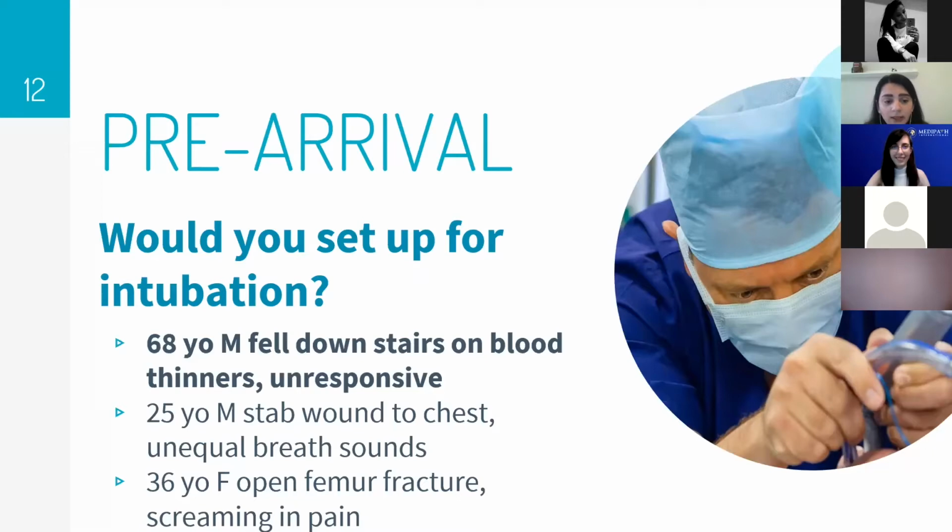And technically C, you might need that to intubate that patient too, but not immediately. A patient with an open femur fracture needs to have that fracture reduced, and sometimes we intubate just for pain control. But the point of this was really to conclude that you have the ability to determine what you need before a patient even arrives in your ER.